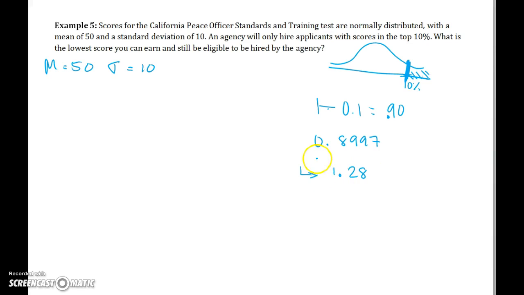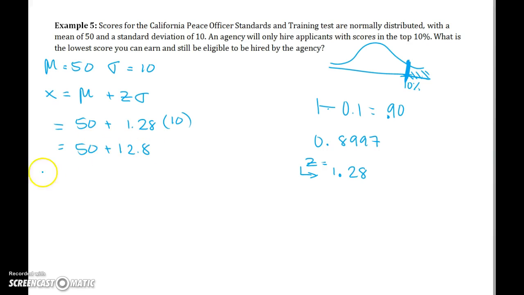Now that I have this z, I'm going to plug into that formula that we had. It's at the top of your paper, but it's x equals the mean plus z times the standard deviation. So for us, the average was 50 plus 1.28, that's my z-score, times the standard deviation of 10. Kind of do it without a calculator, I'm hoping. 12.8.